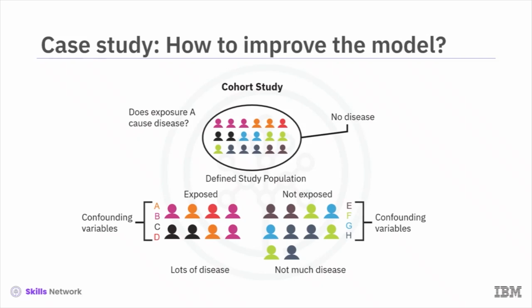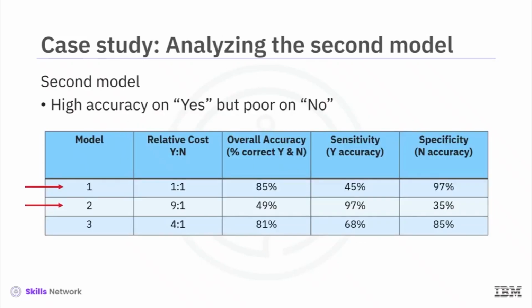The default is 1-to-1, but the decision tree algorithm allows the setting of a higher value for yes. For the second model, the relative cost was set at 9-to-1. This is a very high ratio, but gives more insight to the model's behavior. This time the model correctly classified 97% of the yes, but at the expense of a very low accuracy on the no, with an overall accuracy of only 49%.